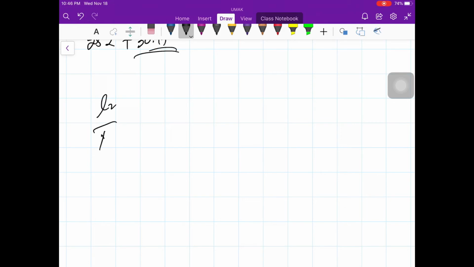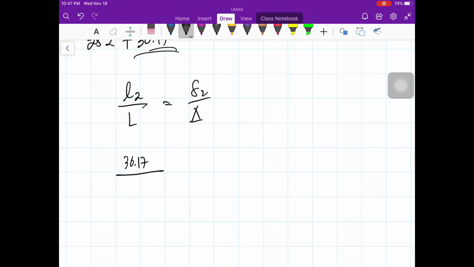Solve for relationship L2 all over gamma. Sorry. Solve for relationship. This is for example L2 all over L is equal to gamma 2 all over delta. Okay, so what's your L2? 30.17.